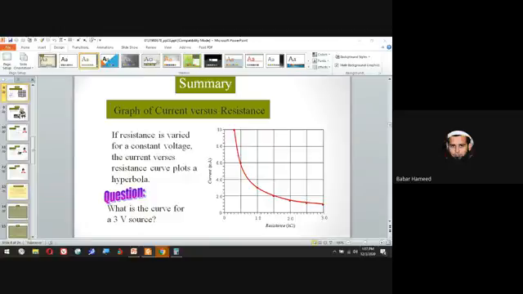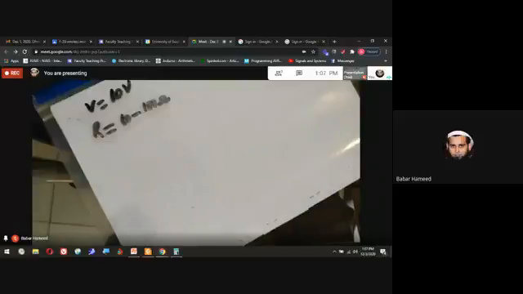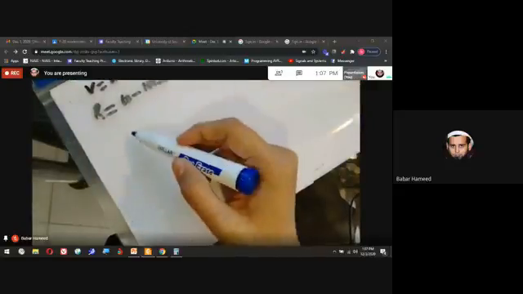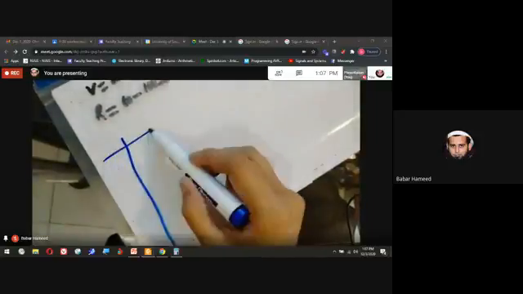Let's have a look at the example. So if resistance is 10 ohm and voltage is 10 volt, we can make a small table here for different values.